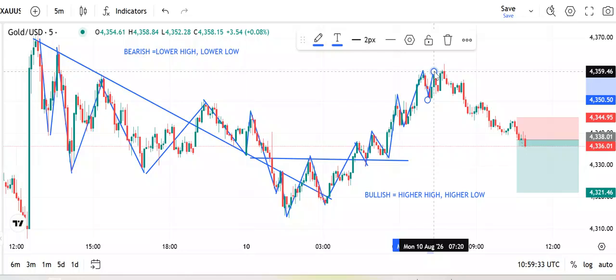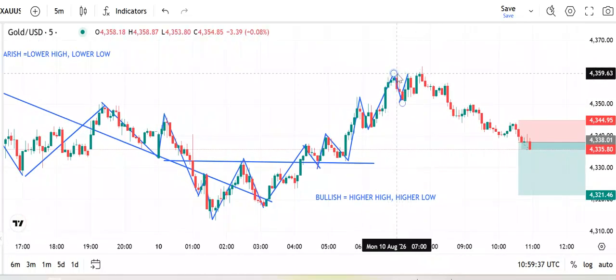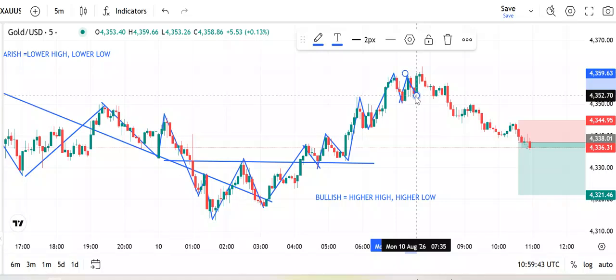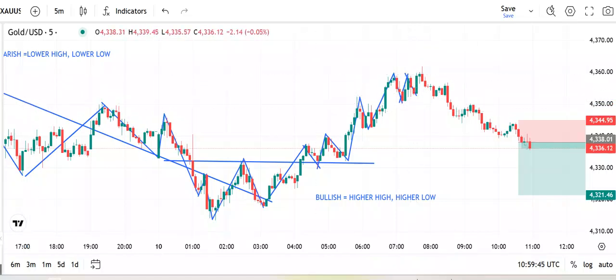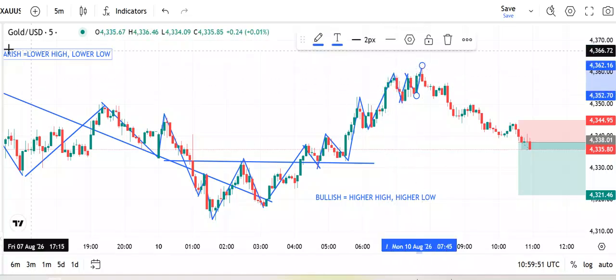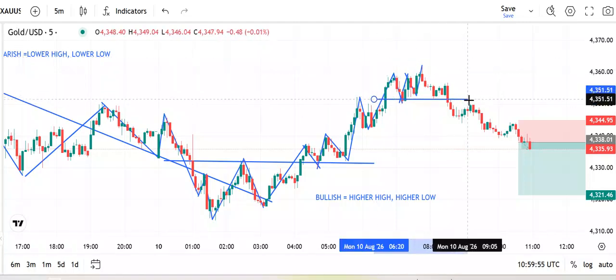Let's call this lower high or almost the same height. Higher low, then you now have higher high. So here you have a range. Here you have like a range.